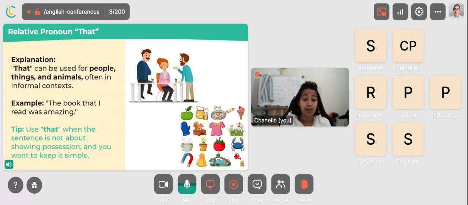That can be used for people, things, and animals, often in informal contexts. For example, the book that I read was amazing. So we use that when the sentence is not about showing possession and you want to keep it simple.